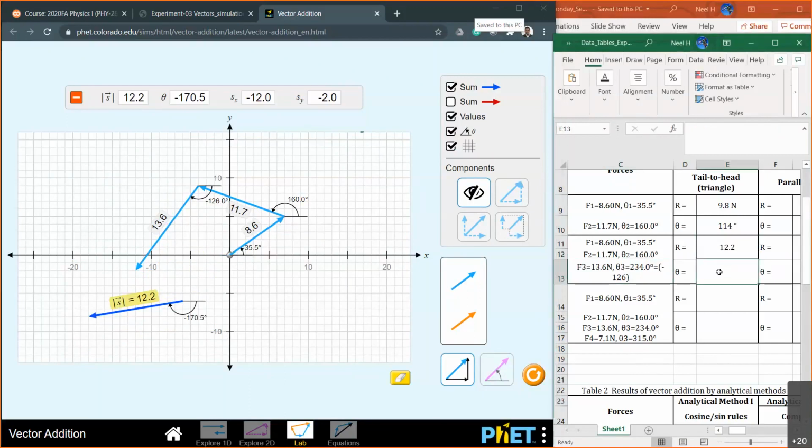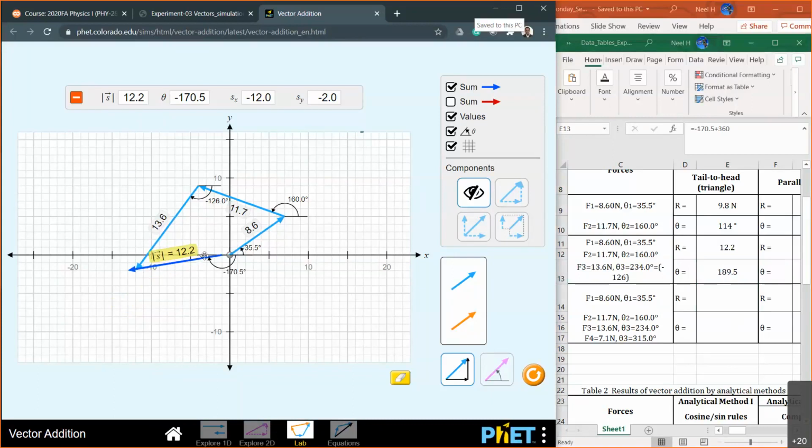Add 360. So you have equal sign, minus 170.5. Then if you add 360, you will get the positive angle. The positive angle for this vector should be 189.5. That's the angle we would like to report. Usually, we report the angle from the positive x-axis, and then rotation towards the positive y-axis.